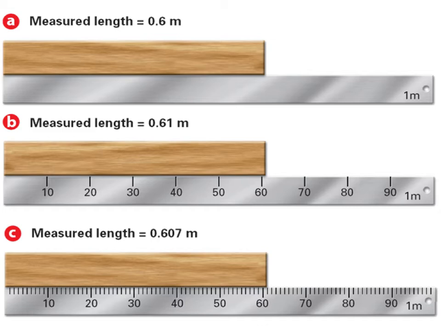So guess. That's where you imagine, okay, there's half, there would be a quarter, and so it's less than 0.2 but more than 0, so they're guessing 61 centimeters. That 1 is the guess, because we know that it's 0.6. The 1 is your first guessed number. Now in the last part, the bottom one, life becomes even more fun.